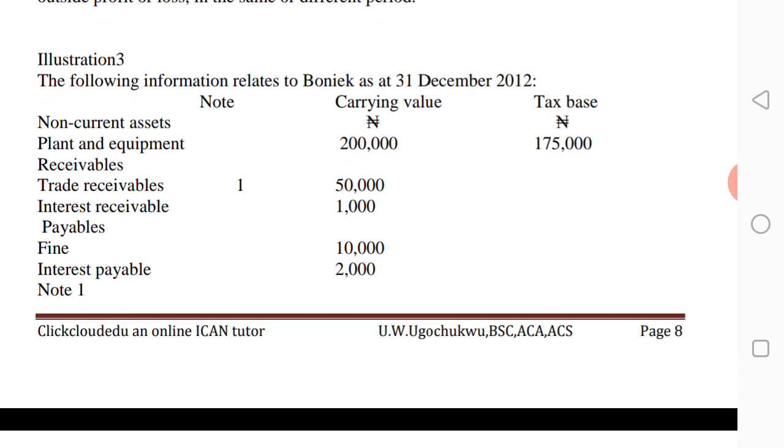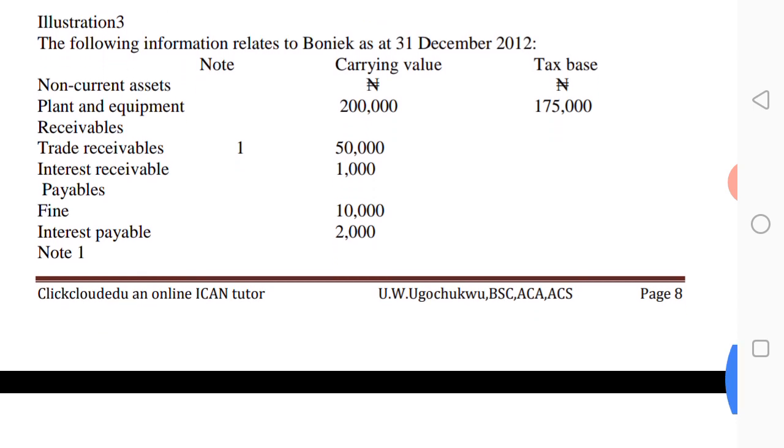For trade receivables, we have 50,000, and we have a note 1 for that. While for interest receivable, it is an income.